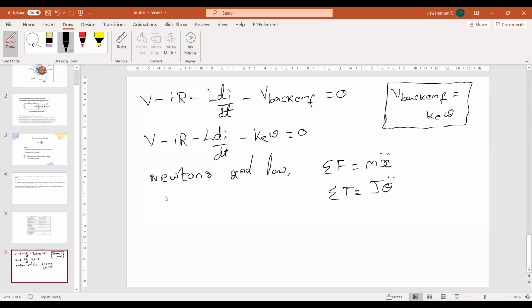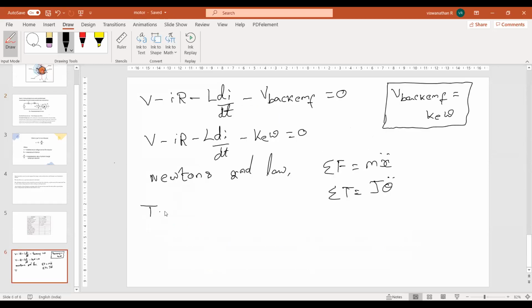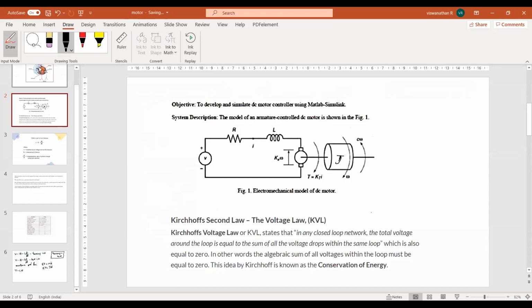No, sir. So now for the mechanical part, you have the torque produced by the motor, which is positive. And then there is friction, which is opposing. Friction due to damping, the damping torque, is acting opposite, so it should be minus C into omega. And then suppose you apply any load to the motor shaft.